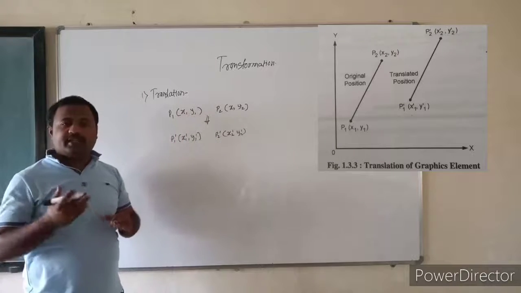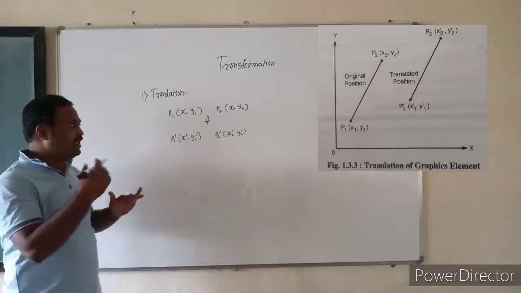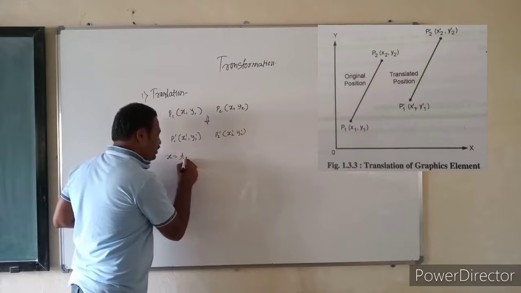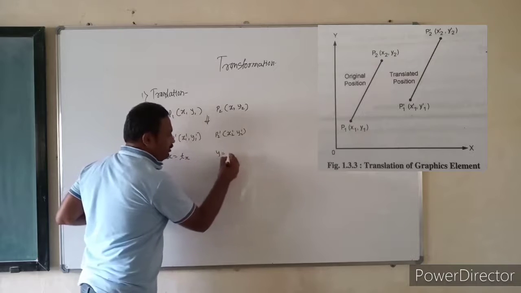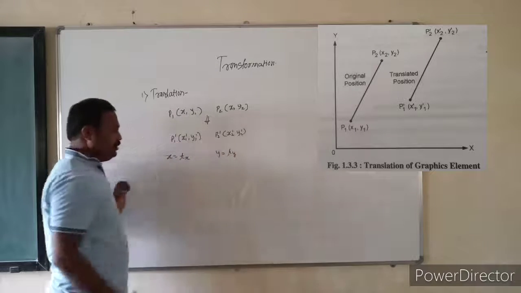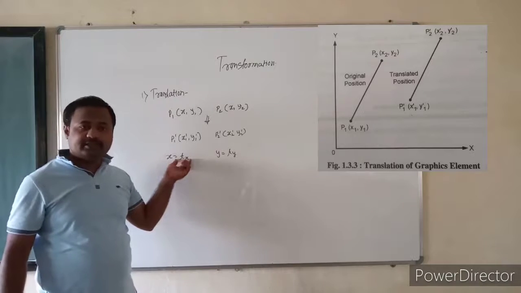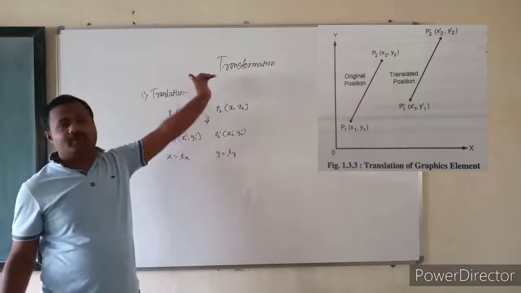If it is a translation, this line is translated by a distance: in x direction it is tx, in y direction it is ty. This is the translation value for this transformation.